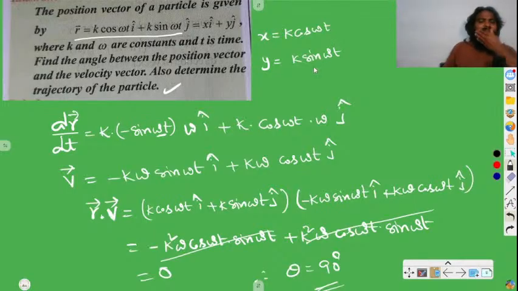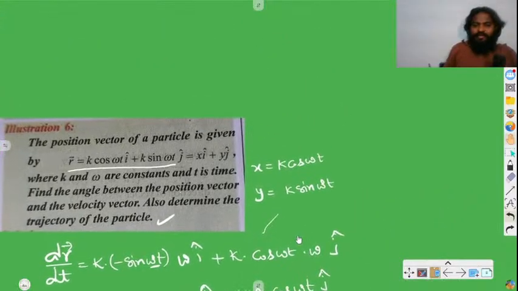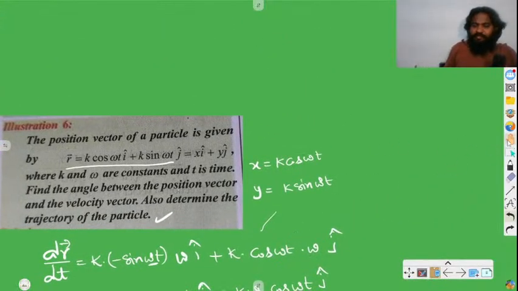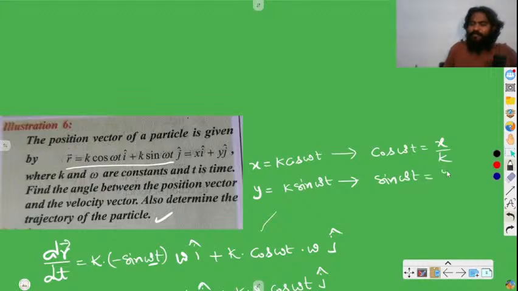Now here what we want is exactly an equation based on x and y. That equation will represent the path of this. So from the first equation, cos omega t is equal to x by k, and from this equation, sin omega t is equal to y by k.